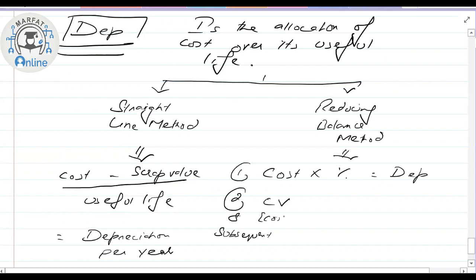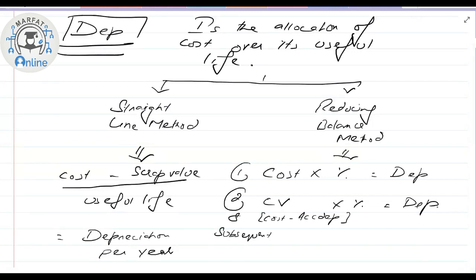Now the carrying value is cost minus accumulated depreciation, multiplied by the depreciation percentage. So in the first year we multiply the depreciation percentage to cost, and then in the next year we multiply it to the carrying value. So in the reducing balance method, depreciation is charged on the carrying value after the first year. In the straight line method, it is the same depreciation every year.